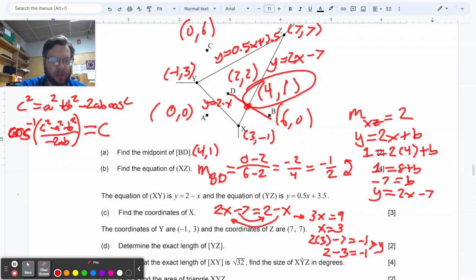So I'll show you what I type in. I go inverse cosine. Because they asked me about this angle right here, the side opposite of it is my c value, and so that's the square root of 80. If you square it, you just have 80.